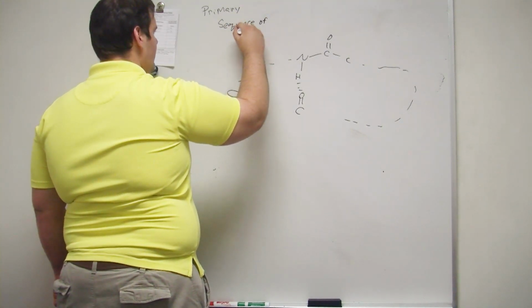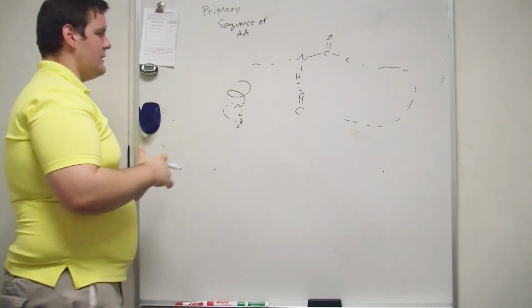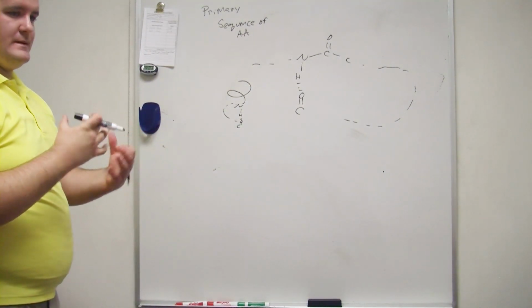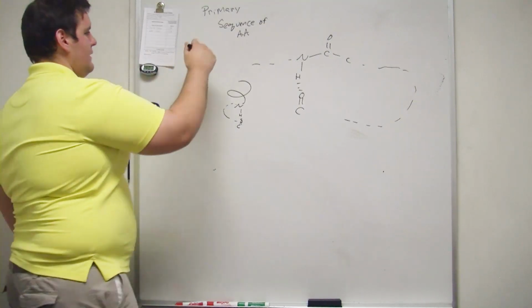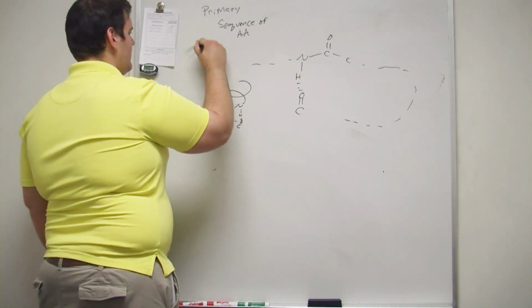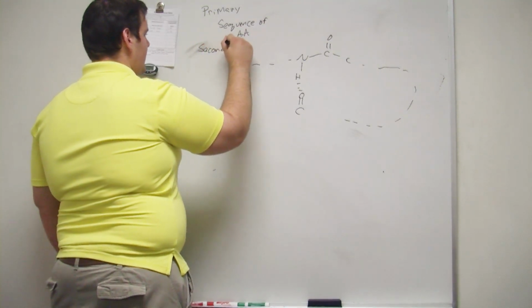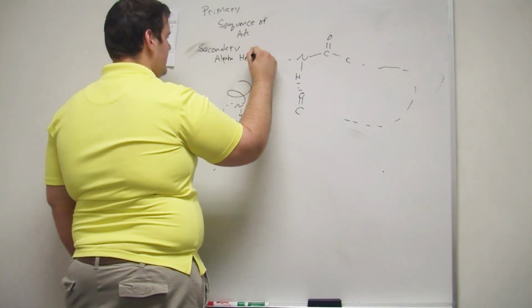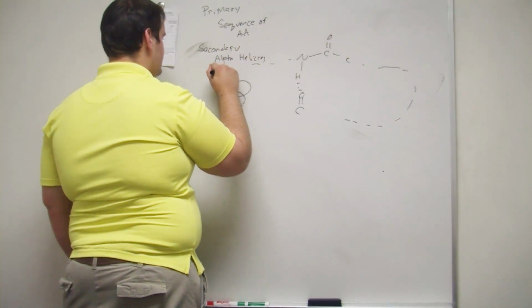And then as those phi and psi bonds take on specific angles, that's what's going to make your secondary. And that's either your alpha helices or your beta sheets.